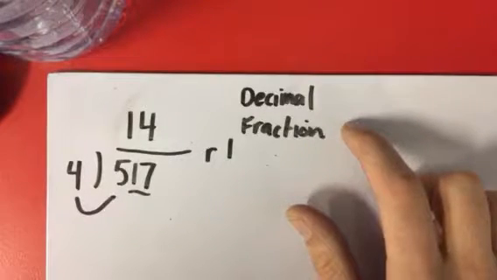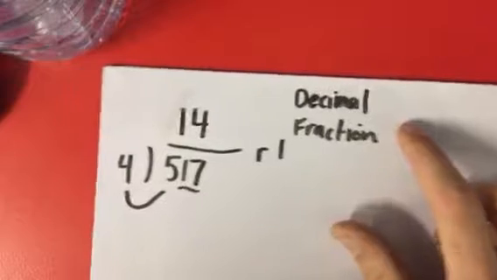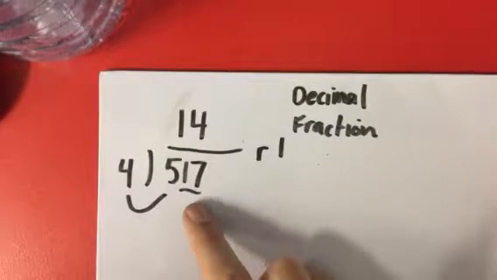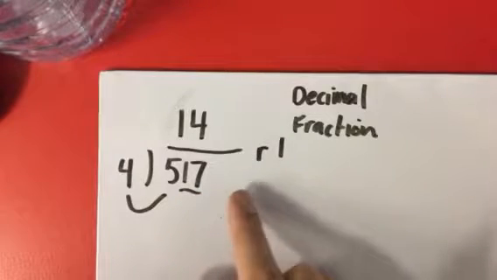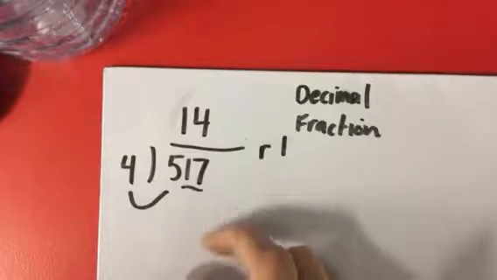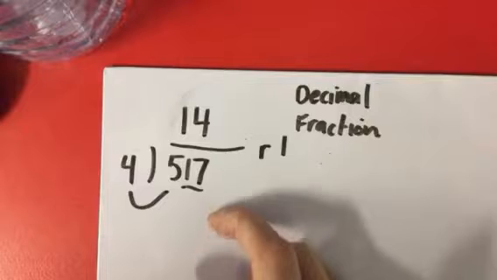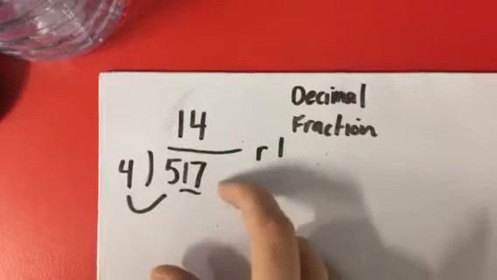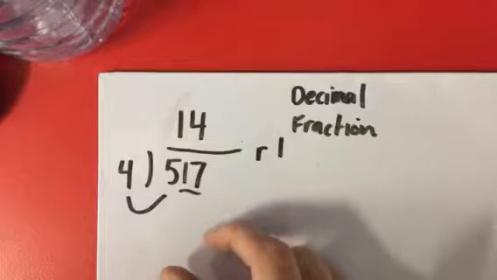So today, you're going to be dividing whole numbers with remainders that are converted into a decimal. Because we don't usually answer sums with remainders.